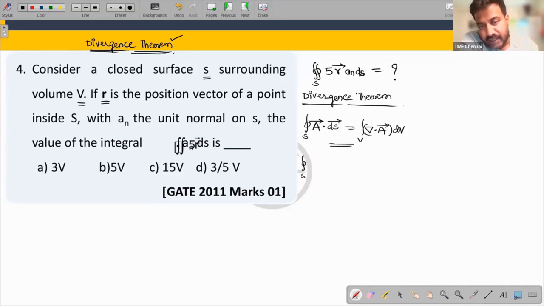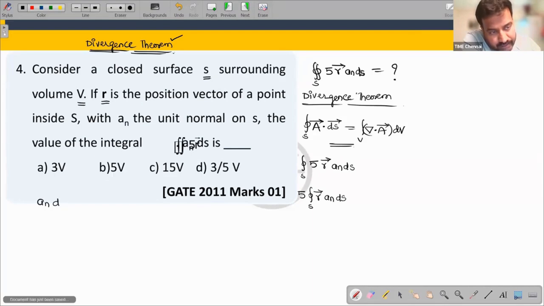Given this closed surface integral 5R dot an dS, this is 5 times closed surface integral R dot an dS. What to do with this an dS? Can I write unit normal an into dS as dS into an, a more comfortable way?